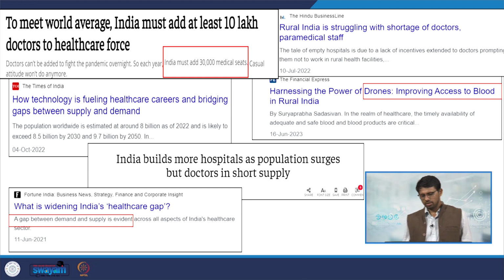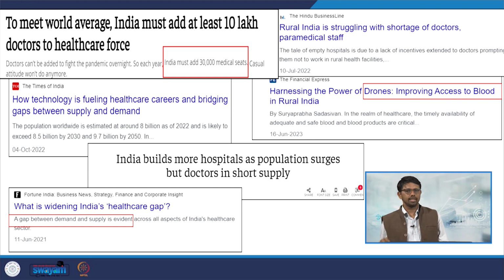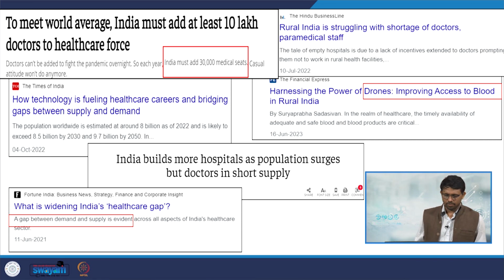Two of my own writings in newspaper editorials are on healthcare quacks, and how the supply side created some form of irregularities in the healthcare system.